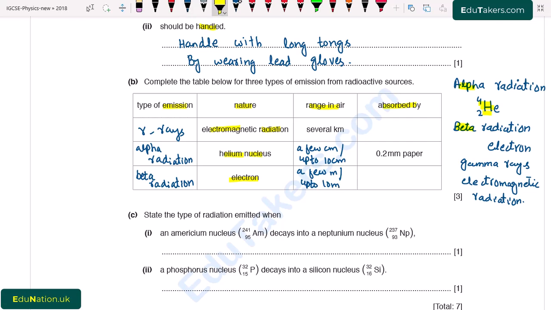And next, absorbed by. Gamma radiations are very energetic and these are absorbed by lead sheet. So I write here thick lead or 30 centimeter lead.